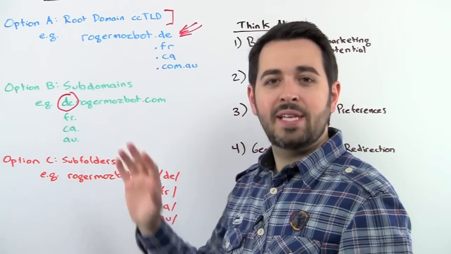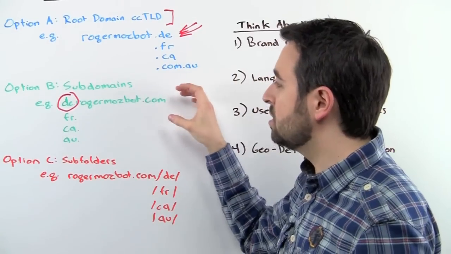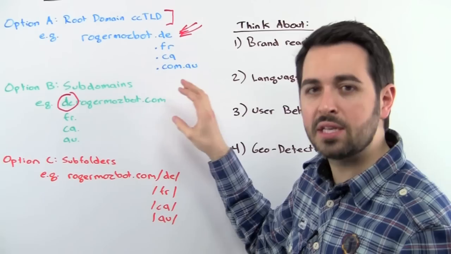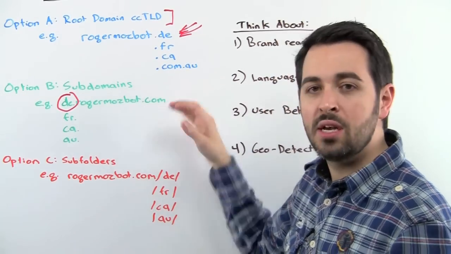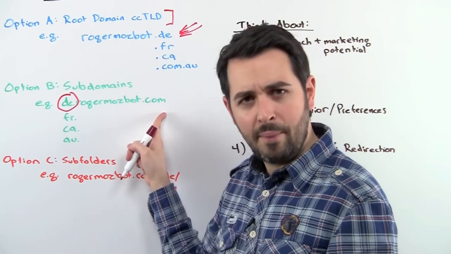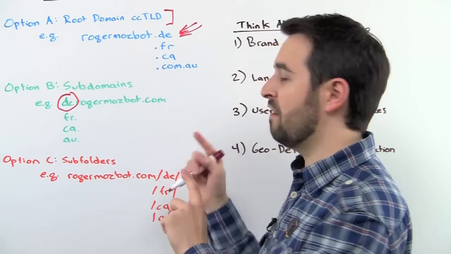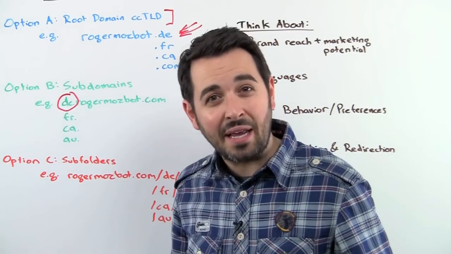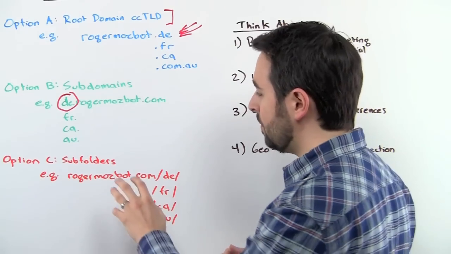The problem with subdomains, at least as I see it, is that sometimes, not all of the time, but sometimes the subdomains don't inherit all the domain authority, trust, value that you might get from all the content being on a single root domain, right? So de.rogermozbot.com, maybe that'll be interpreted the same way as www.rogermozbot.com or fr.rogermozbot or ca.rogermozbot, but it might not, right? And that can be a frustrating experience as well.